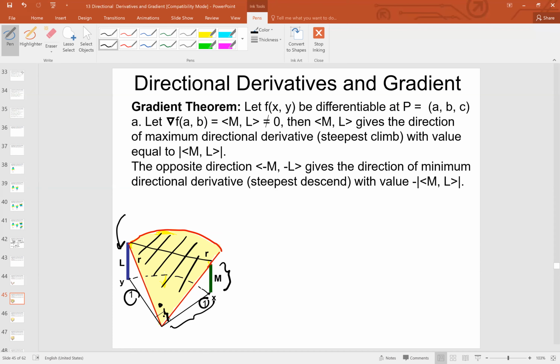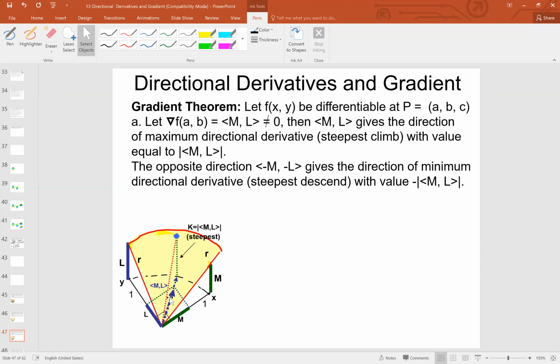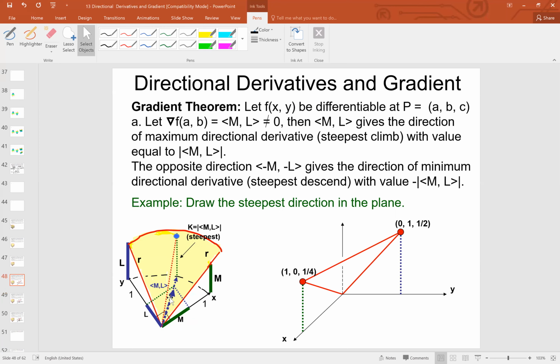If I were to stand over here, I'm ready to go up. Where is the steepest? It turns out the steepest is this: you take m and put it on one axis, you take L and put it over here. That's in the direction of the gradient. So in this case, the steepest direction is 1/2, 1/4, 1/2.